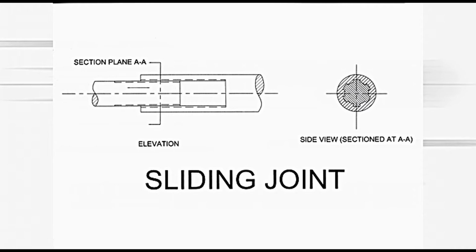The splines, as we have seen earlier also, allow movement only in axial direction. So, while rotary motion is transferred from one shaft to another, if need be, shafts can be made to slide and variation in length can be achieved.